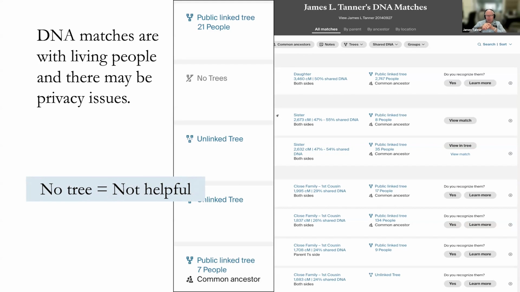If you look at this closely, where it's got a list of the people, the first one up there has like 2,700 people in there and a common ancestor. The next one down only has 8 people in their tree, and 35 and 17 and so forth and 9. And that is severely limiting them from having connections.